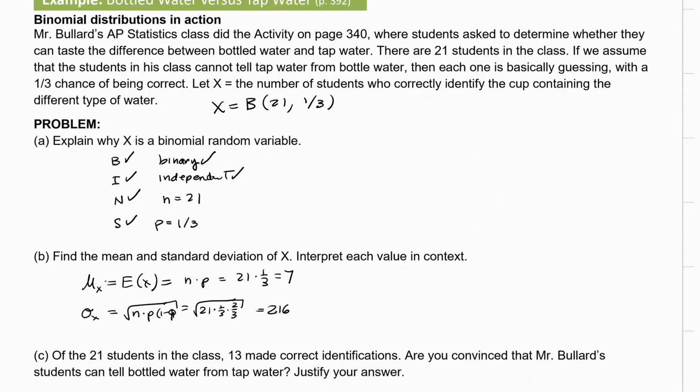2.16. All right. And what do each of these mean in the context of this problem?